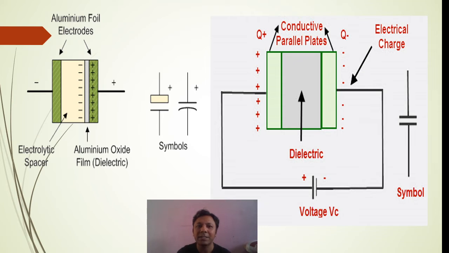The dielectric material is placed between these two conducting plates, and whenever you give the potential difference, it will store the charge. Let me explain another way. Look at this: two conducting plates with dielectric material between them. When you give the electrical supply, the plate connected to the positive polarity will store positive charge, and the plate connected to the negative polarity will store negative charge.